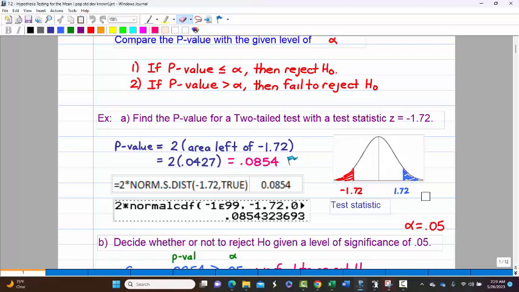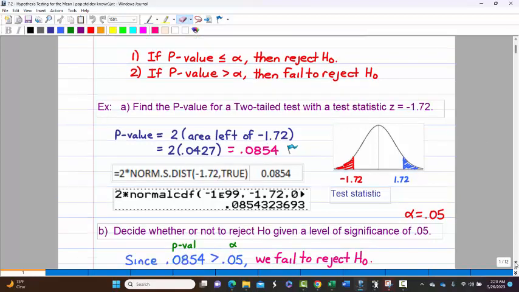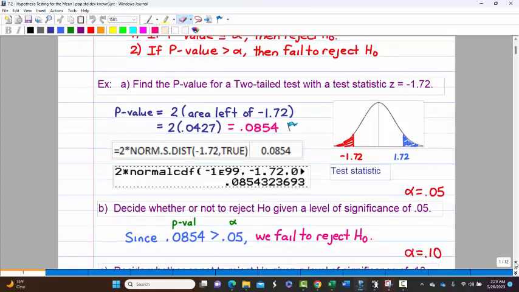So all we have to do is find the area left of negative 1.72 and multiply it by 2. Using Excel, we could just say equal 2 times NORM.S.DIST negative 1.72 comma TRUE. True being cumulative. Without the 2, it'll just give you this section by itself, which is 0.0427, multiplied by 2, you get 0.0854.